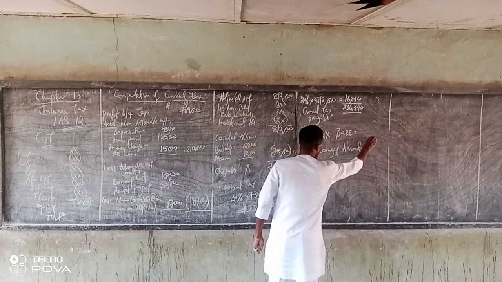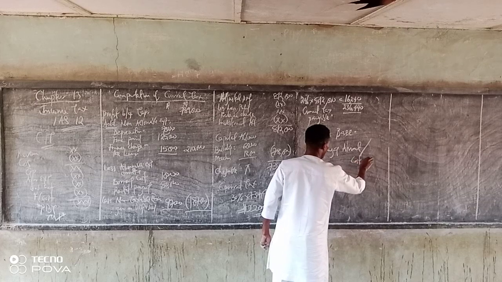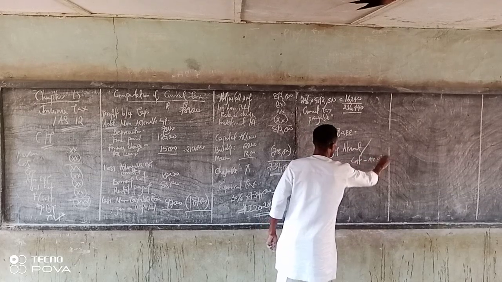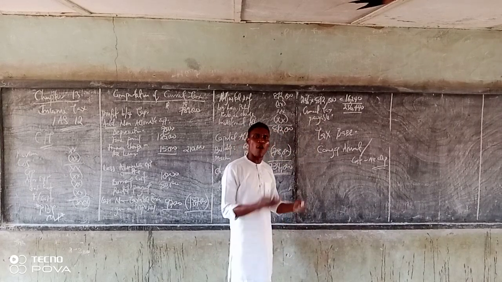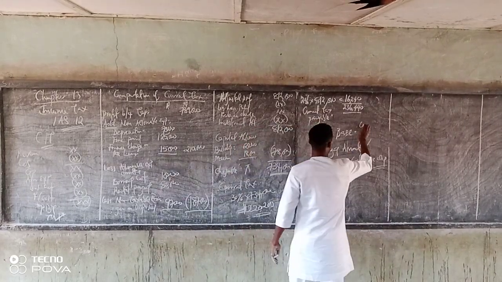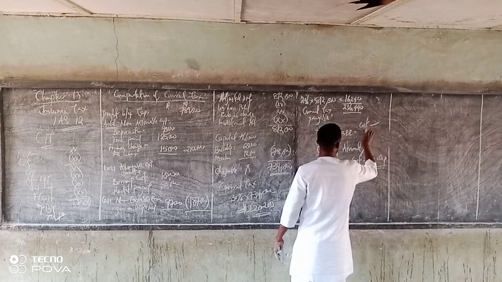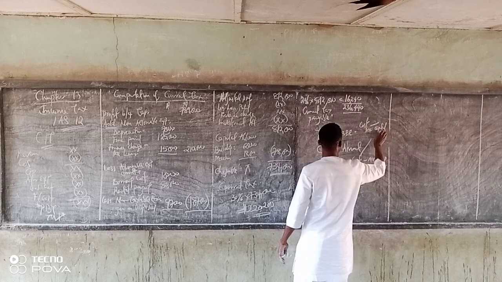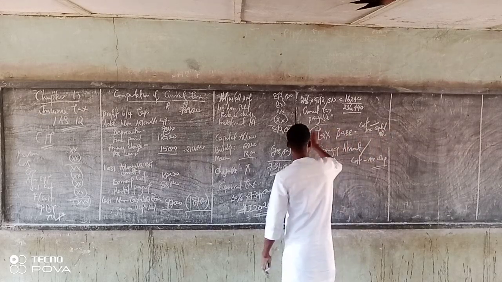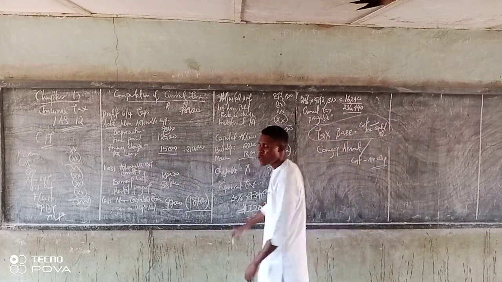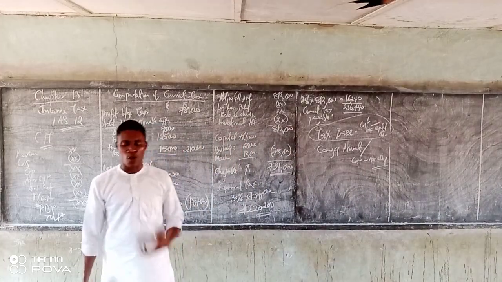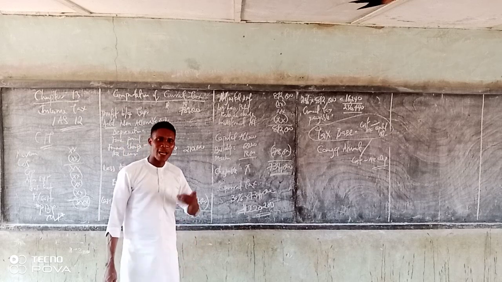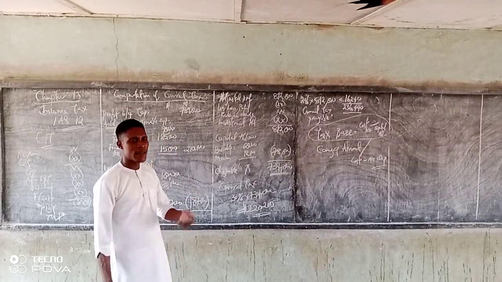So this one is cost minus accumulated depreciation, which we refer to as the carrying amount. But from the angle of tax, it will be the cost of the asset minus the accumulated capital allowance.